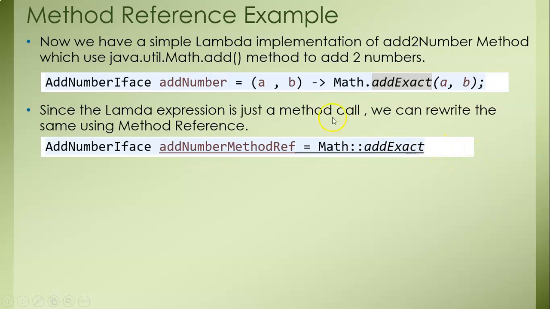This argument will be resolved by the compiler by looking at the arguments of the add two number method in the add number interface. So we are going to implement this and execute this.